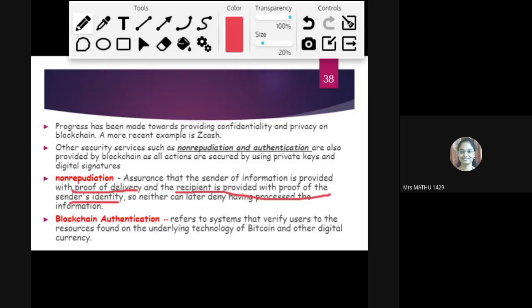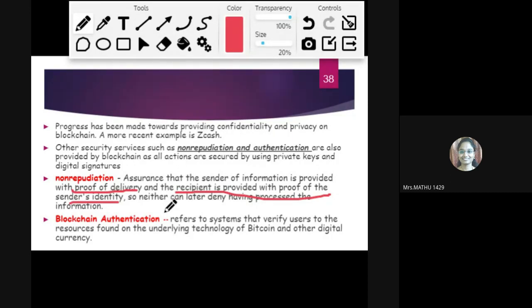As we have discussed, parties A and B were agreeing to sell a land and to receive the money. So after having done all the things, the sender cannot come and deny that he has not sold his land.